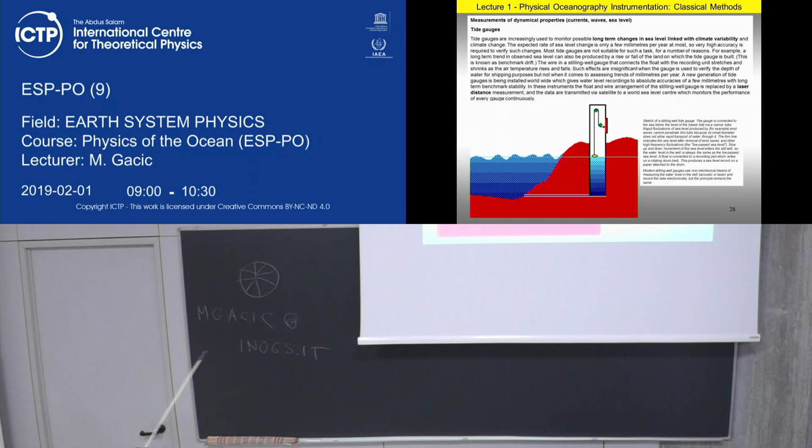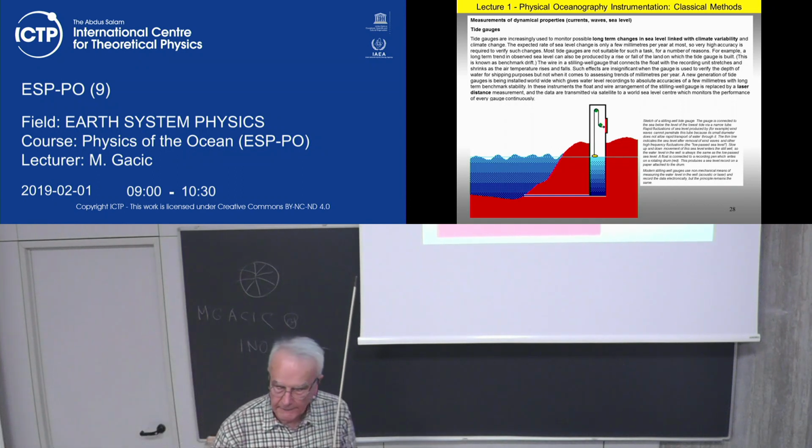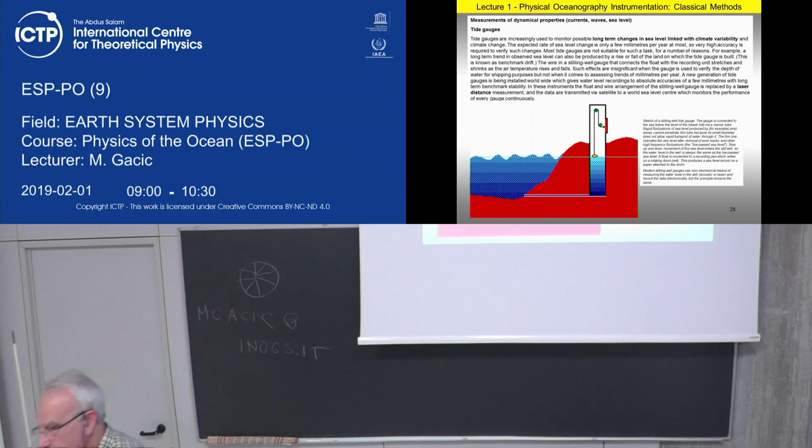In the case of Venice, there is another thing. There is a third thing which complicates the situation much more. On one hand, you have a global sea level increase, which is due to the ocean temperature increase and to the addition of fresh water. On the other hand, however, on the mainland of Venice, there was a big industry, constructed in the late 40s.